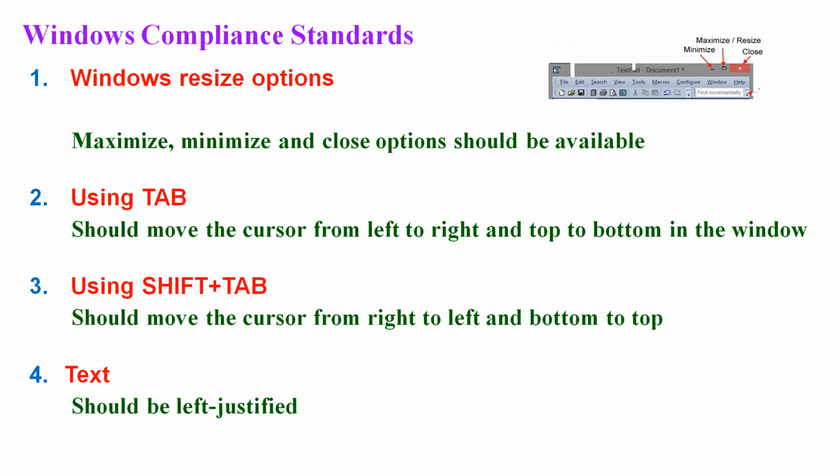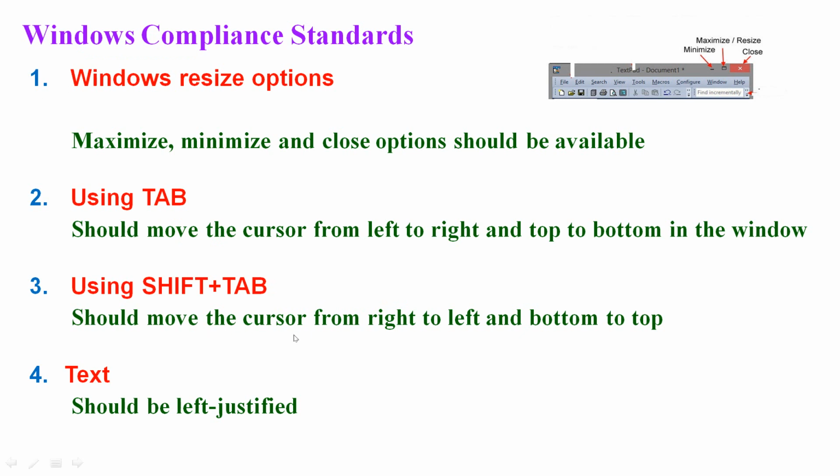Next, shift plus tab. What it means? Pressing the shift as well as the tab both at a time. Now, the cursor should move from right to left and from bottom to top. This is opposite to the previous one, right?